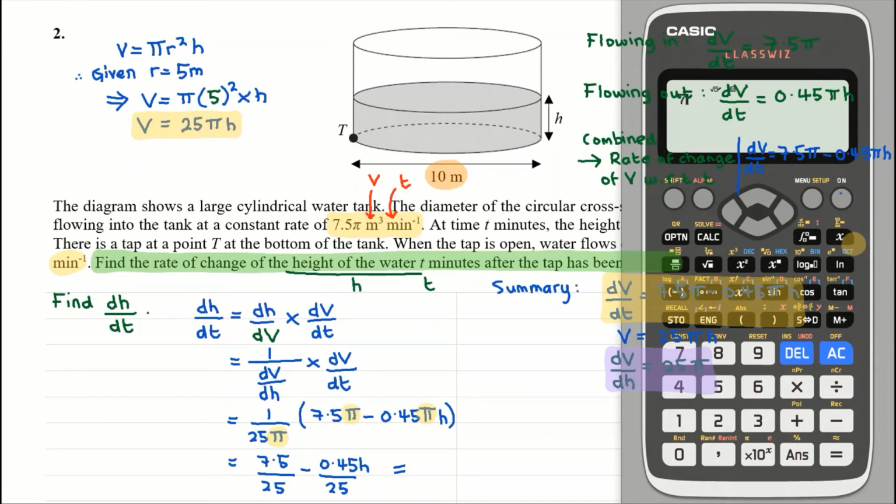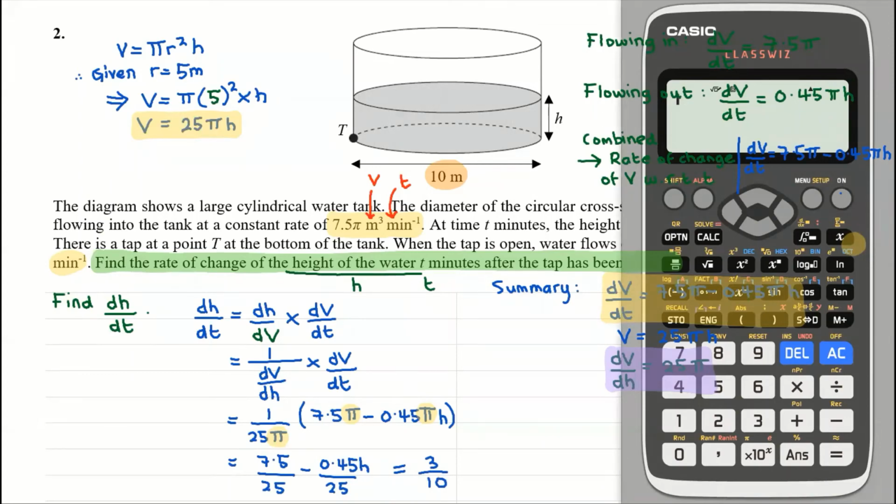So we've got 7.5 over 25. I'm suspecting that's going to simplify. Yeah, it's a 3 over 10. Okay, so I can put that in. Three over 10.